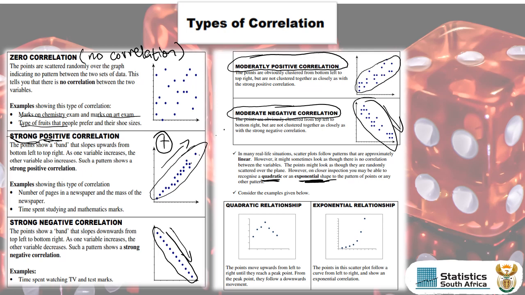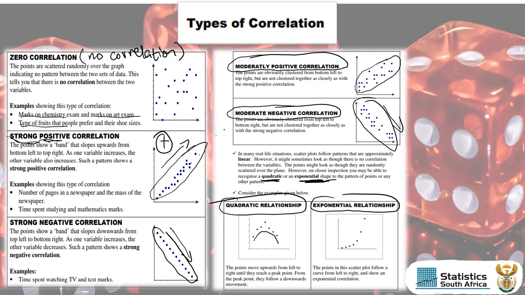So we also have to look at the quadratic relationship. Points can form a quadratic or an exponential relationship, although in most cases you'll see them forming a linear relationship. A quadratic one is when points move upwards from left to right, reach a peak like a quadratic graph, and then follow a downward movement.